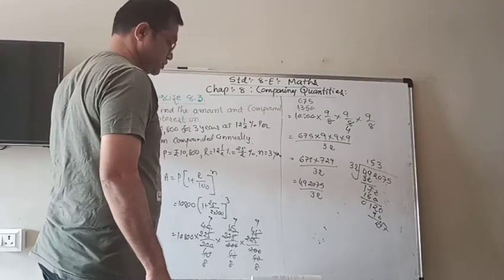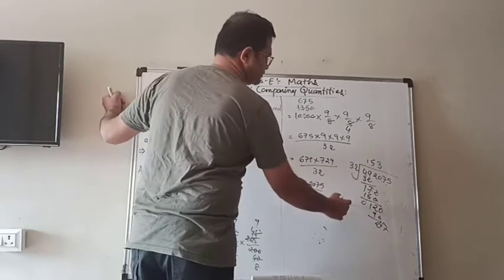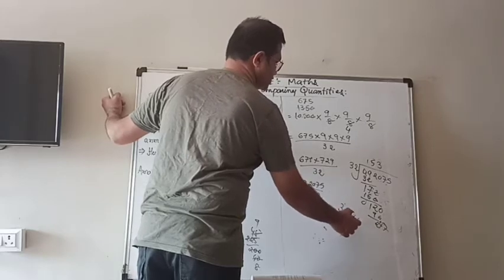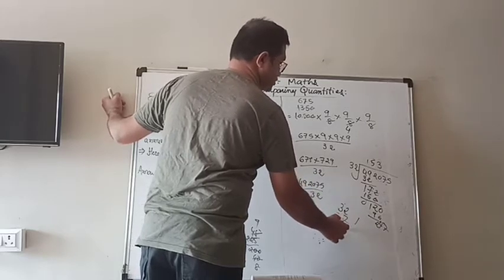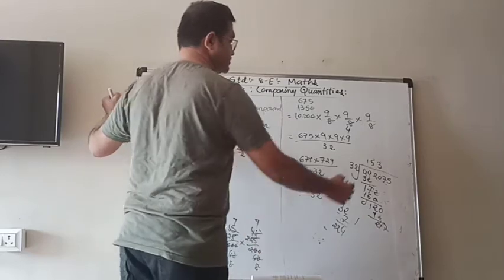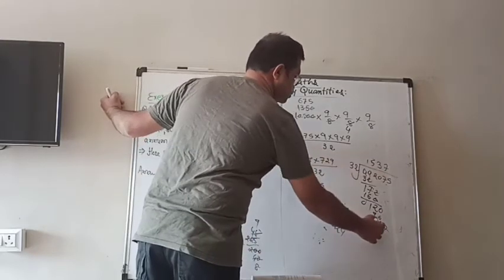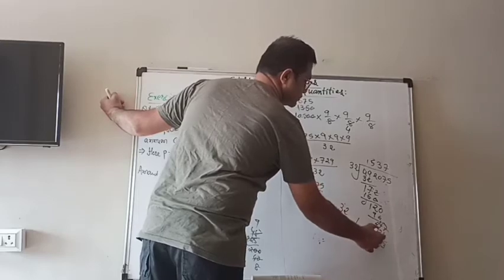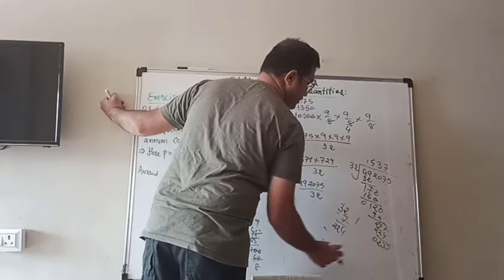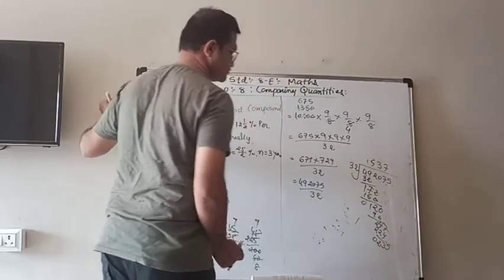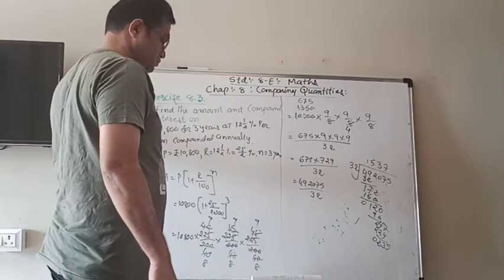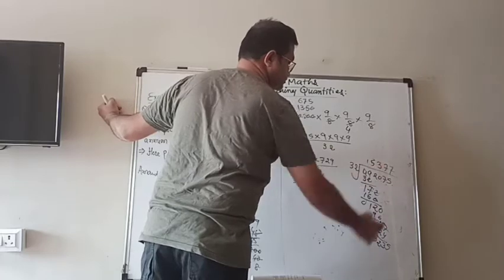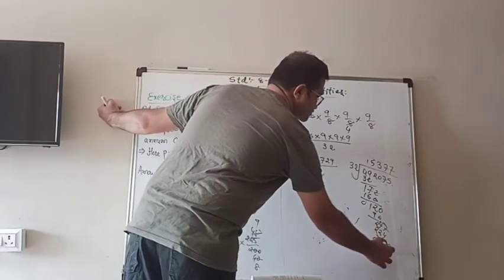So now 7 twos are 14. 32 sevens are 224. Then again it will be the same, 224.